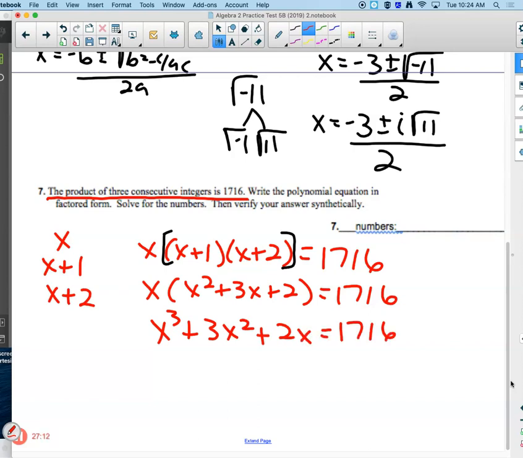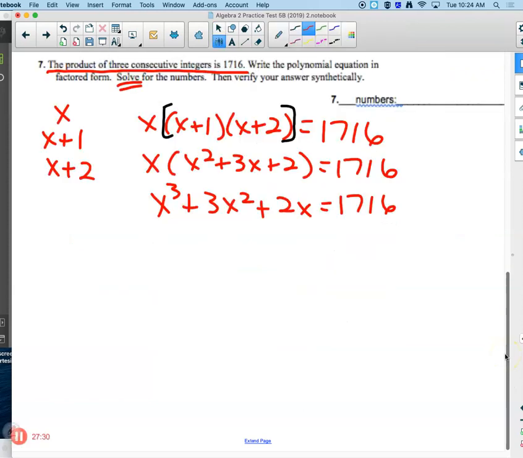But we said, that's not calculator ready, because they said solve. And what do you have to have on one side of this equation whenever it says solve? Yeah, so we've got to subtract 1,716 from both sides.